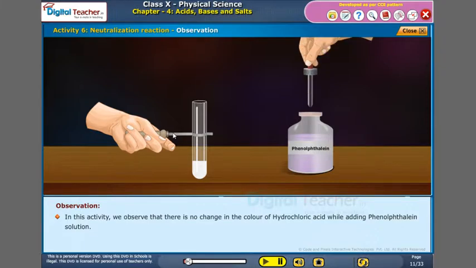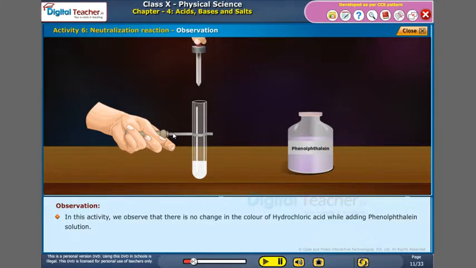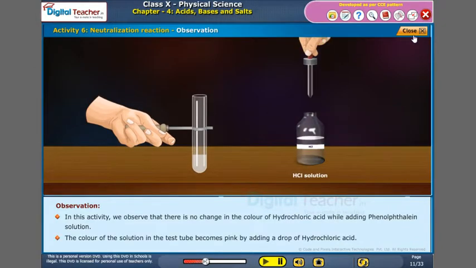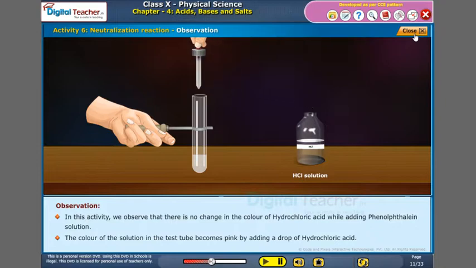Once again, add a few drops of sodium hydroxide to the mixture solution. In this activity, we observe that there is no change in the color of hydrochloric acid while adding phenolphthalein solution. The color of the solution in the test tube becomes pink by adding a drop of sodium hydroxide.